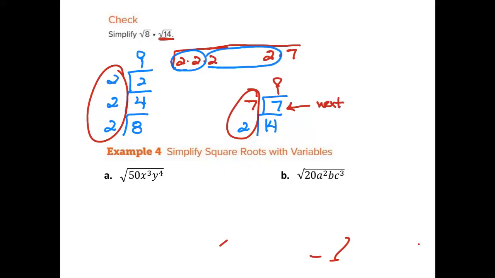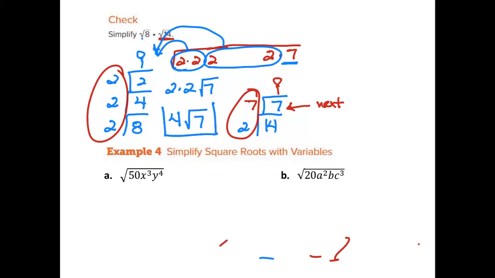Here I have a pair of 2's, one from the 8, one from the 14. Only one out of those pairs comes out, so that's 2 times 2 out in front. This 7 is the only thing that doesn't have a pair. That stays underneath, so my final answer is 4 times the square root of 7.